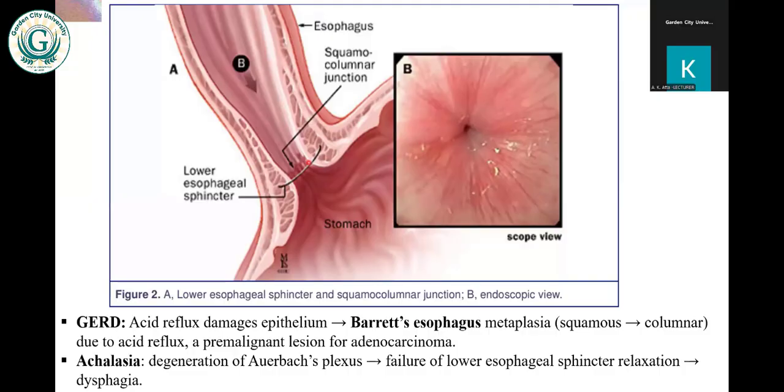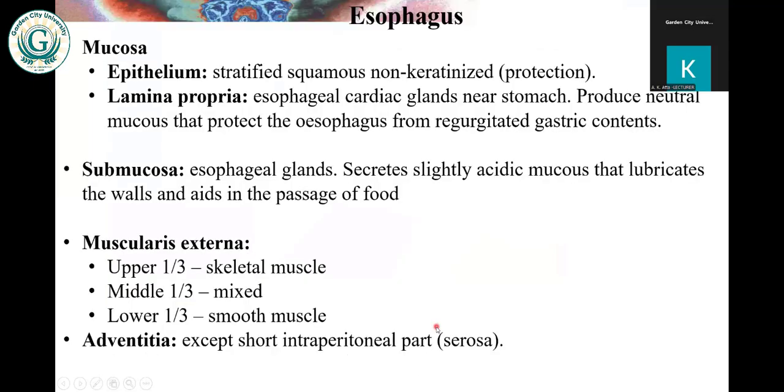And this is what we refer to as metaplasia, where a mature epithelium changes to another type of epithelium as a result of chronic irritation. It is an adaptive response. So we call that condition Barrett esophagus.